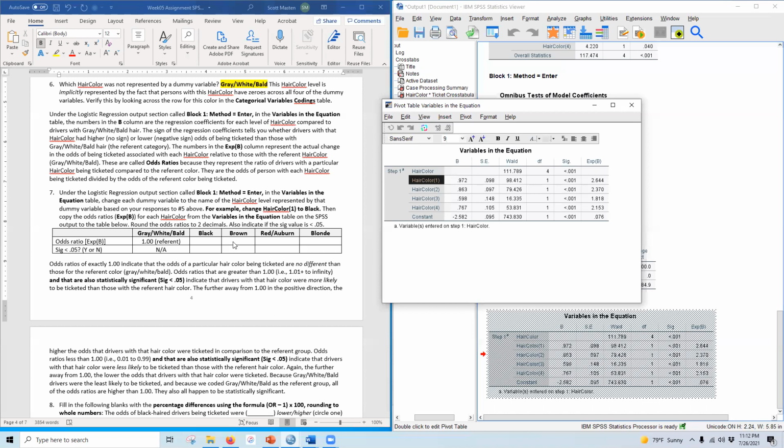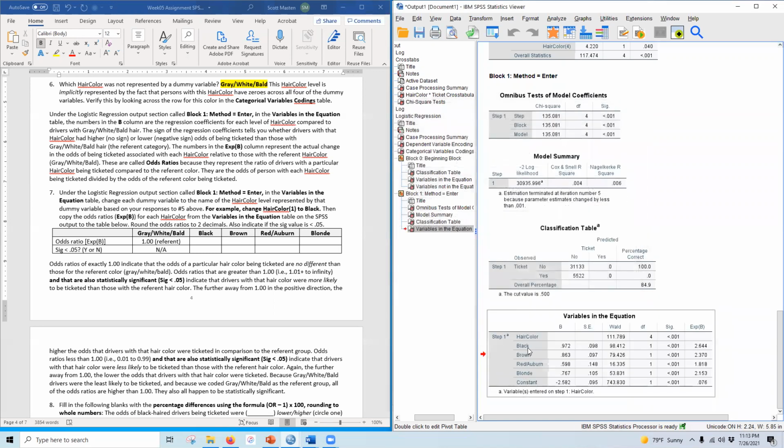Hair color 1 represents black hair drivers. Hair color 2 is brown hair drivers. Hair color 3 is red/auburn. And hair color 4 is blonde. All right, why did I have you do that? Because it makes this thing more interpretable rather than dummy 1, dummy 2, right? My goal is to help you interpret these things.